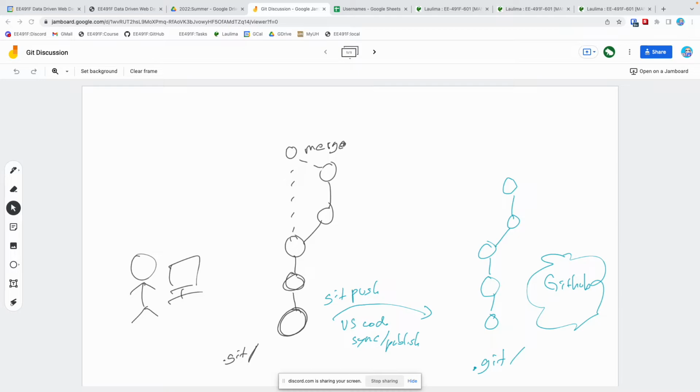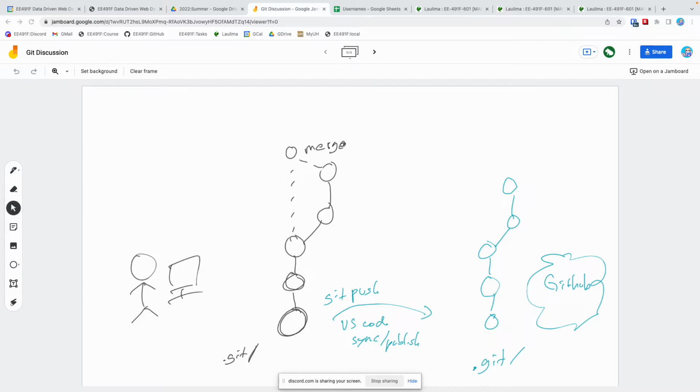Yeah, there's a difference, and maybe when you talk about merging, you can do it all by yourself. You can branch off and commit and merge all by yourself without GitHub. Are you seeing the circling?